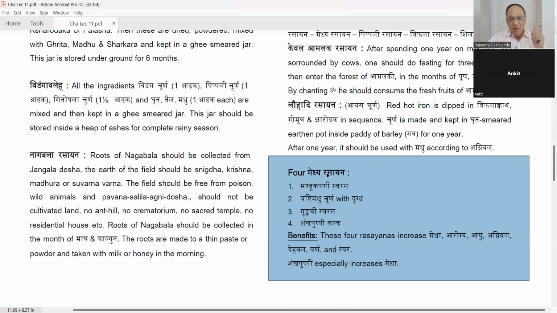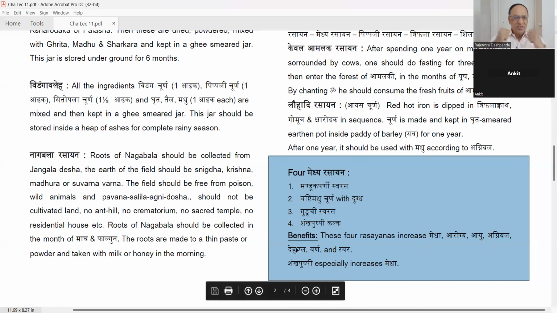Now, what is the benefit of taking these Medhya Rasayan, or all the 4 Rasayans? They increase the Medha, that is intelligence, understanding capacity. Ayu, you get a long quality life. Agni Bala, strength of the fire, metabolic process will be stimulated. Deha Bala, physical strength will also increase.